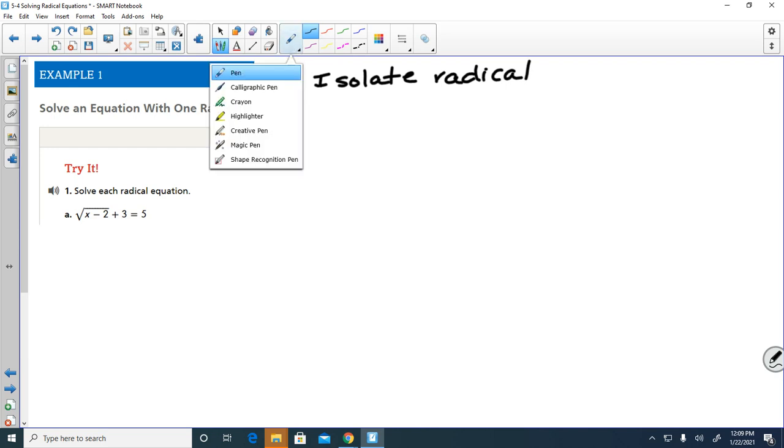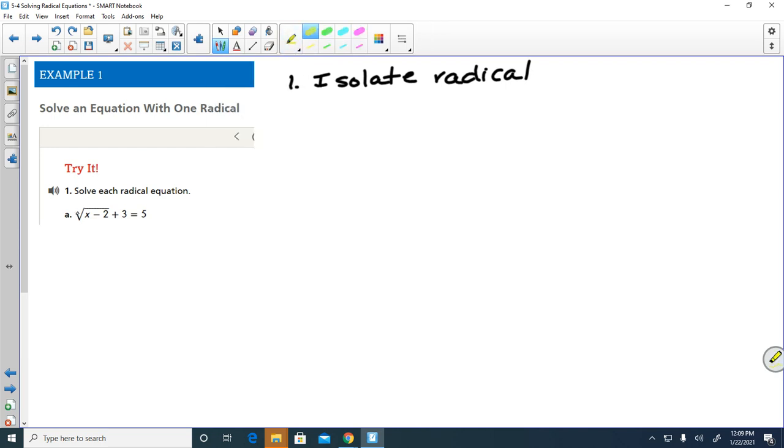So my radical term is the square root of x minus 2. So I want to isolate that and get it all by itself. So to do that, I need to subtract the 3 on both sides. So that's going to give me the radical equation, the square root of x minus 2 equals 2.